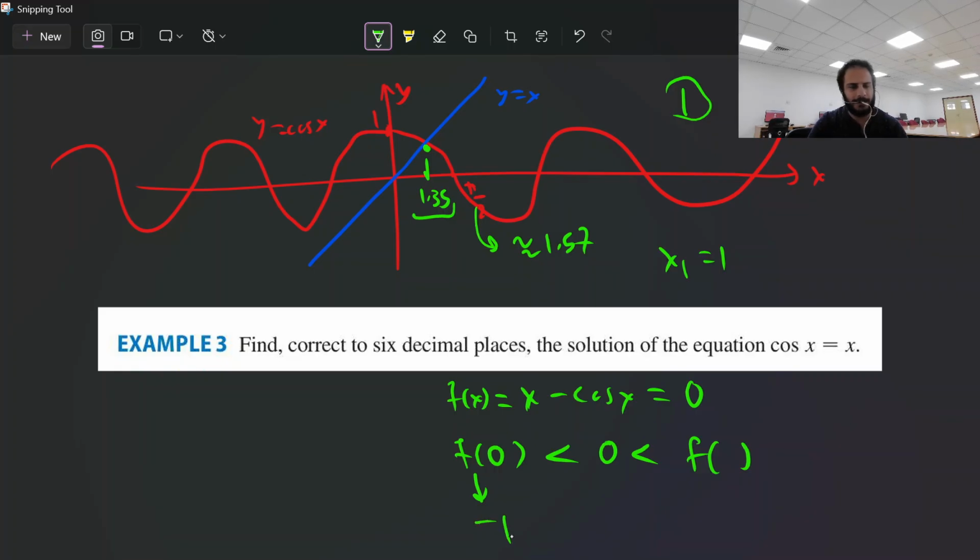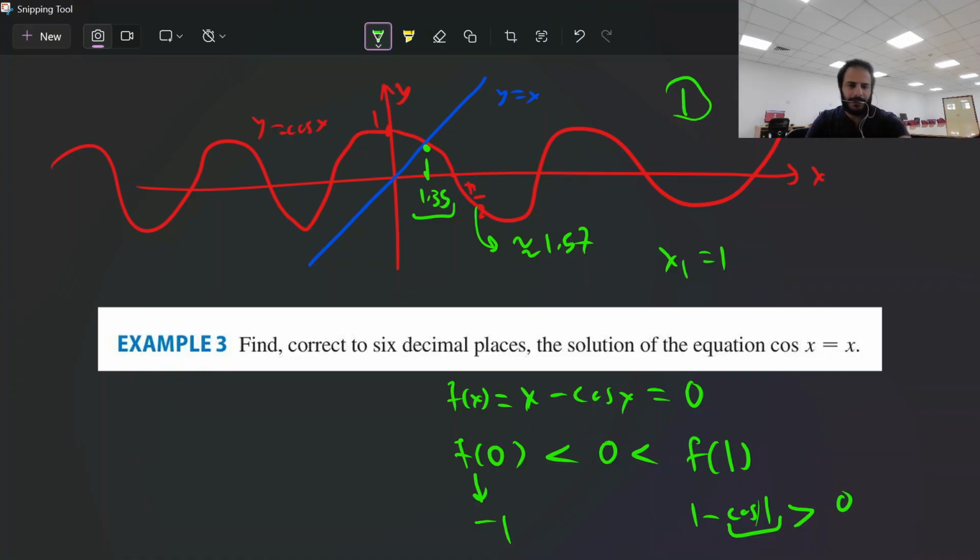Minus 1, right? Here, if you choose 1, for example, you get 1 minus cosine 1, right? Cosine 1 is positive and not 0, and less than 1. So it will be greater than 0, right? So we know that the solution will be between 0 and 1.